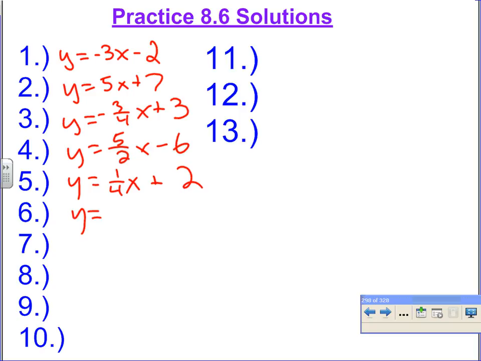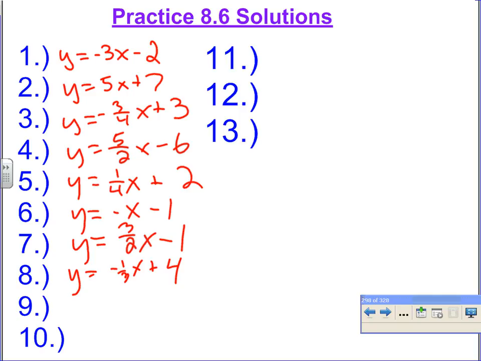Grace, what did you get for number 6? Oh, go ahead, Drew. Sorry, Grace. Good. So negative 1x or negative x minus 1. Grace, number 7, please. Good job. Number 8, Joseph. Close. Michelle, what'd you get for 8? Good job. Make sure you guys and girls have negative 1/3 on that one.